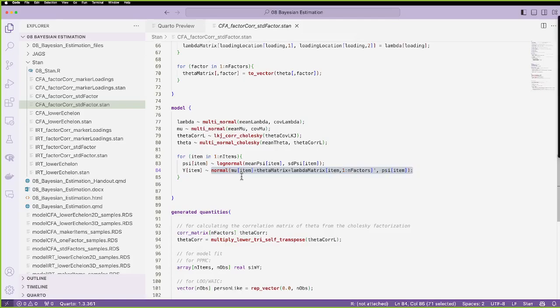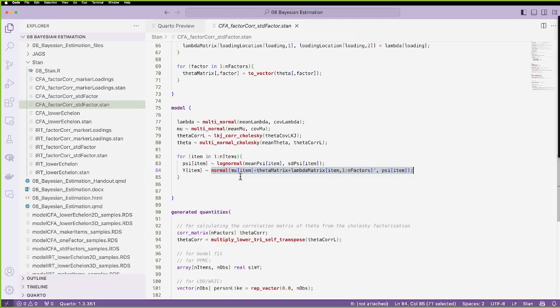In this case, normal. So you remember in CFA what our model implied distribution was. Right? We take our model line, we have our equation for the model, y equals mu plus lambda times theta plus error. And error has a variance to it, we call a unique variance.